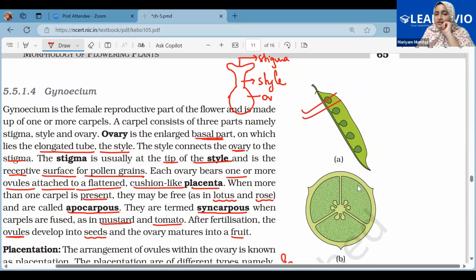Here, the ovules are present at the margin position. These are the ovules and this is the fruit. Inside it, the seeds are present at the margin. So we call it marginal placentation.